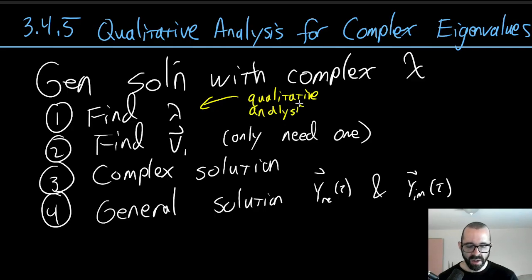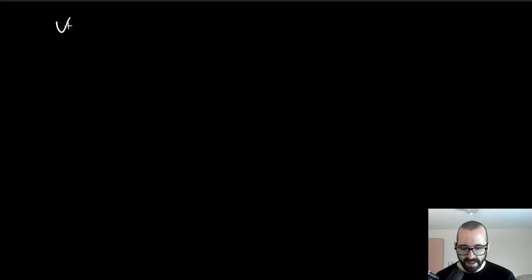All right, so if you don't want to do the whole general solution, you can do a ton of qualitative analysis with just lambda. And that's what we're going to focus on in the next two videos, and then we'll do a lot of examples to get some more practice. Specifically, what do we know about lambda? Let's say lambda is alpha plus beta i. And again, plus or minus. Let's just look at one of them.